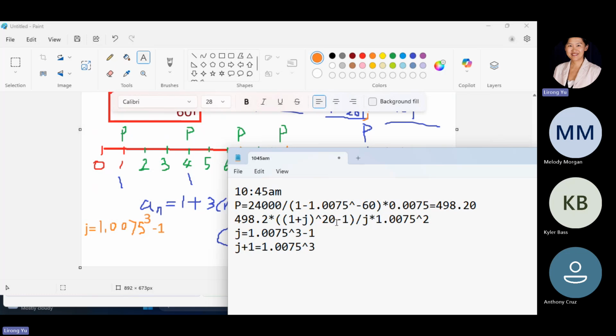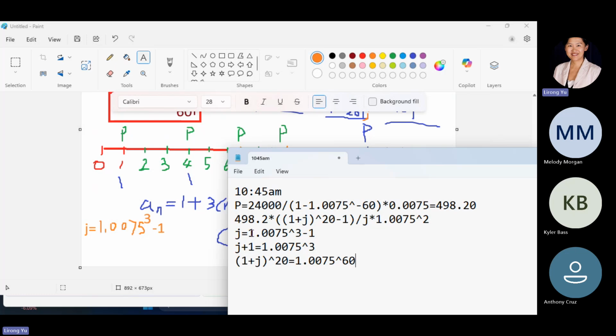Therefore, when you are calculating the 1 plus J to the power 20, you are really calculating 1.0075 power 3, and then there's power 60. So the length of it is still the 60 months, because the time frame is 60 months, right? The whole thing. So that's with that one being replaced.